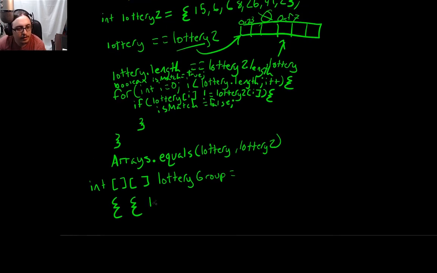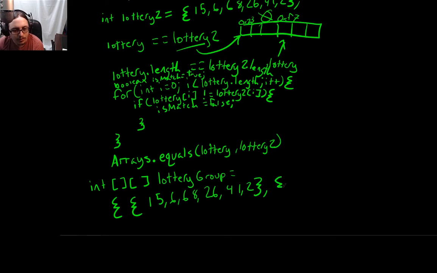All right, so we have 15, 6, 68, 26, 41, and 2. So that's our first selection.